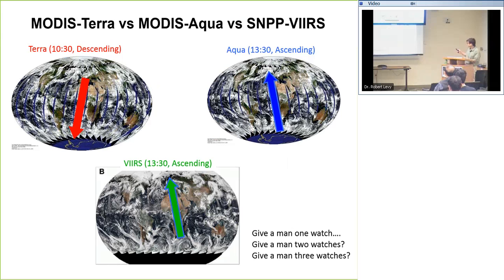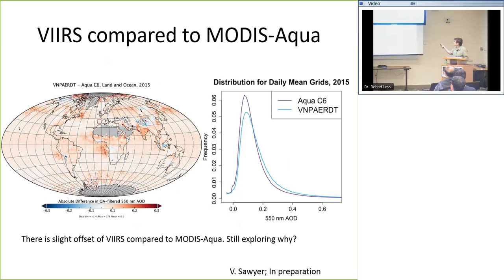And so now we ask questions. Well, we have 3 of them now. There's something about give a man a watch, he knows what time it is. Give him 2, now he's confused. You don't know what time it is because it'll be different. And 3, wow. But it turns out that when we run our VIIRS, it works out pretty close. We do get again an offset in a very similar way that we got from Terra versus Aqua.